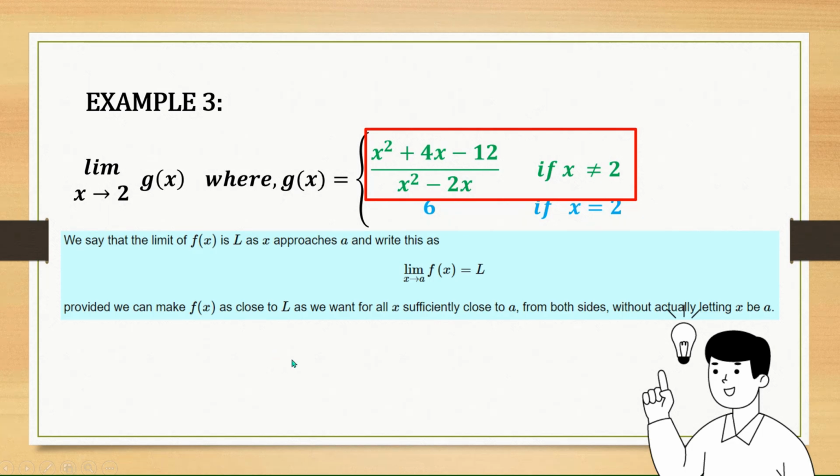Sir, why? Simple. This is where the definition of the limit comes in. We previously mentioned in the definition of limit that we are only interested in the values of x that are sufficiently close to a from both sides, and we are not interested in the exact approach value, which in this case is 2. Therefore, we are not interested in this equation where x is equal to 2.